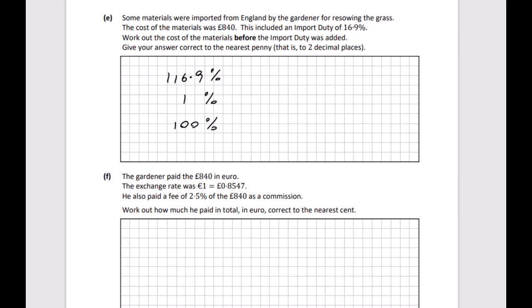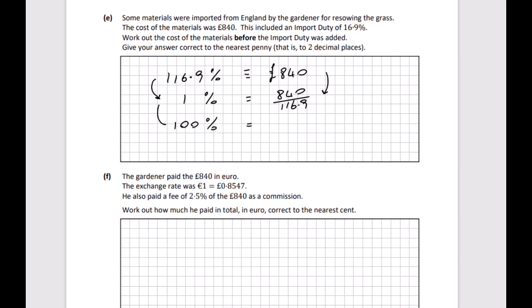This is before the 16.9%. So this 116.9 is equivalent to the 840 pounds. So we want to go down to 1, so divide 840 by 116.9. In other words, what do you do to 116.9 to give you 1? If you divide 116.9 by 116.9, you'll get 1. So do the same over here. Divide by 116.9.